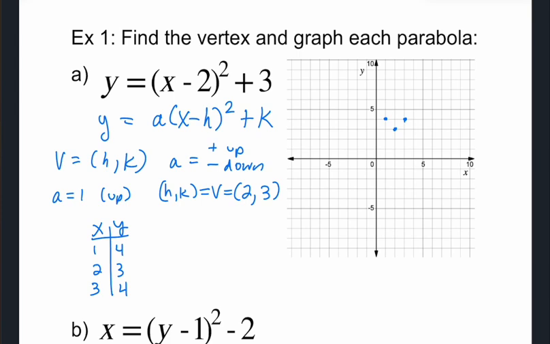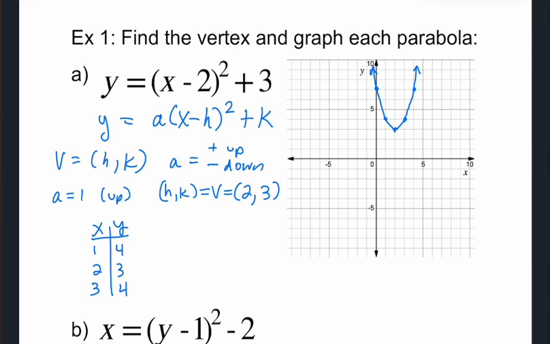So that's sometimes a nice thing to plug in. I didn't ask you for the y-intercept, but it does give us more information. Yes, you can. And so there is our parabola.